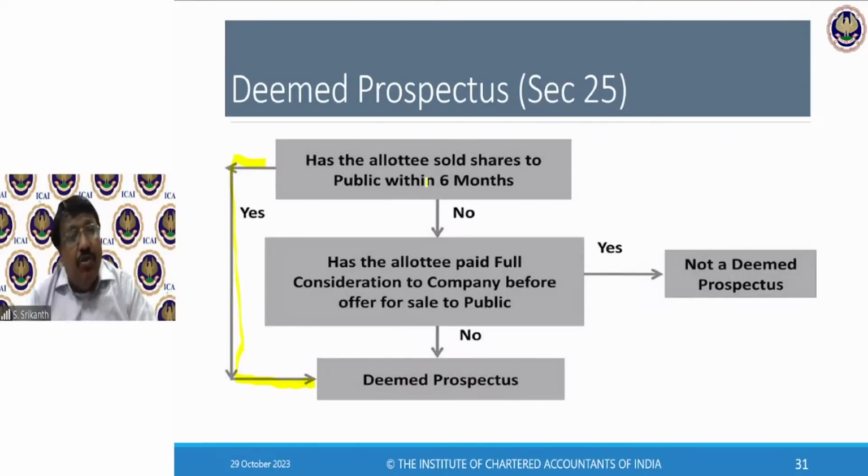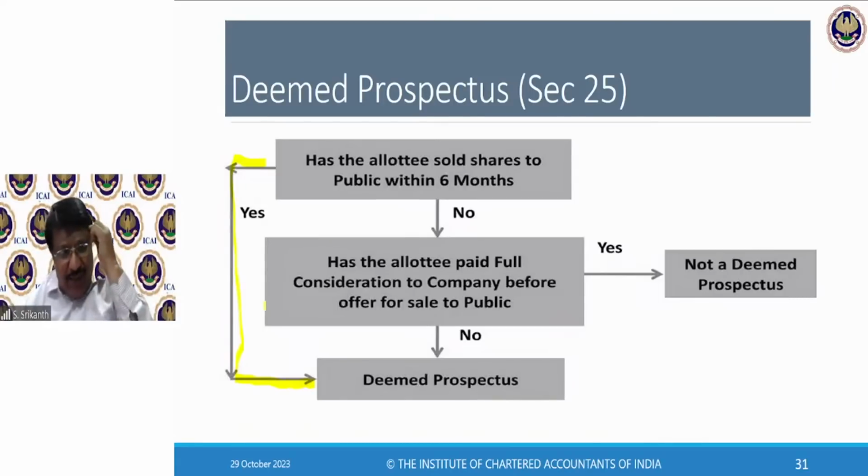But in case you say not within, then only we go to this point. There again, if you're saying we are not paid, then it becomes a confirmed deemed prospectus. Even if one condition is satisfied, it's enough. Okay. If you are able to understand this, I'll be much obliged and happy. But if you're still going to keep worrying why this, can I change it, please sit calmly in one corner of your house and change it. Try to make it the way you want. But this slide works well.